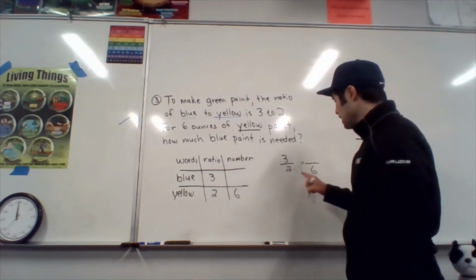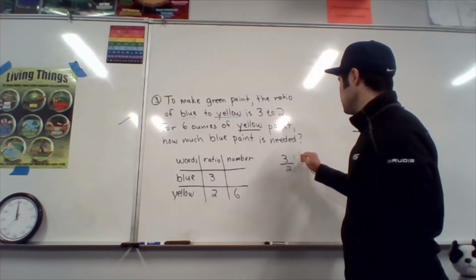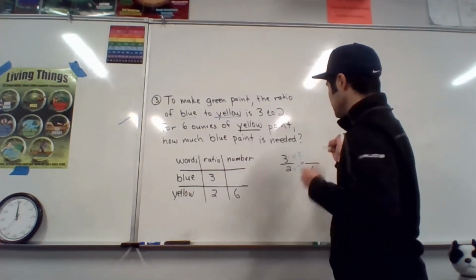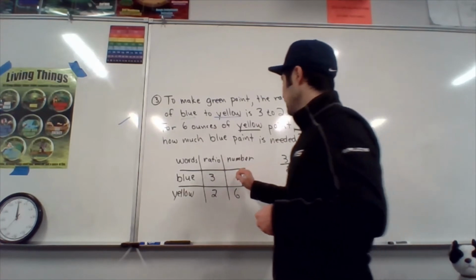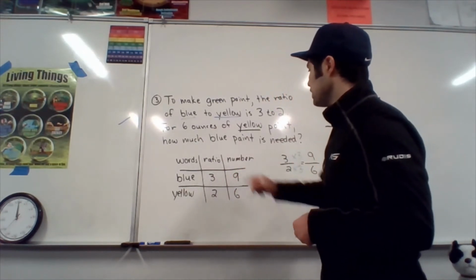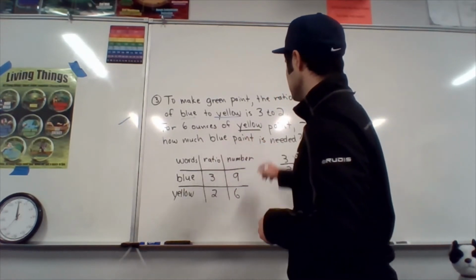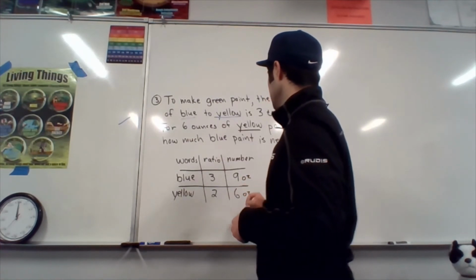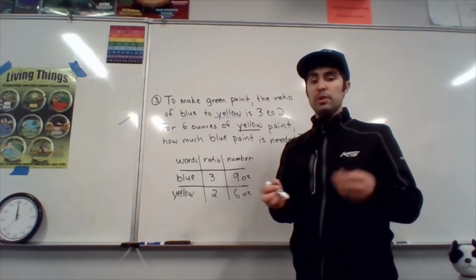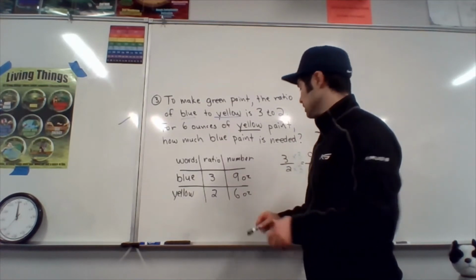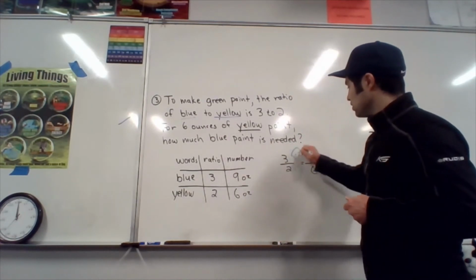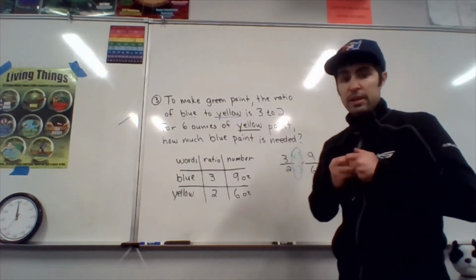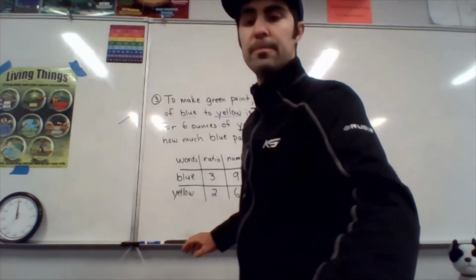If I multiply the bottom by 3, then you want to multiply the top by 3. Okay? So then, I'm going to multiply 3 times 3 and get 9. So 9 is going to go right here. So that answers your question. How much blue paint is needed? Well, 9 ounces. And if you mix 9 with 6, you'll get a perfect green color because of our constant right there. This is our constant.